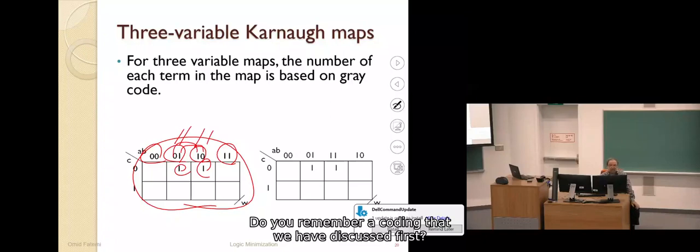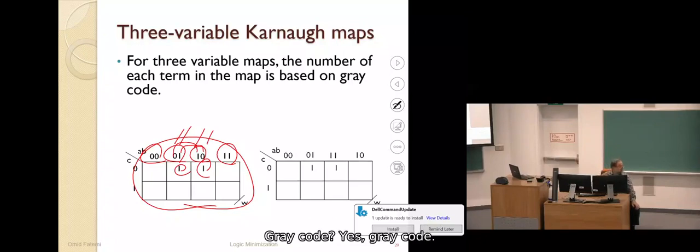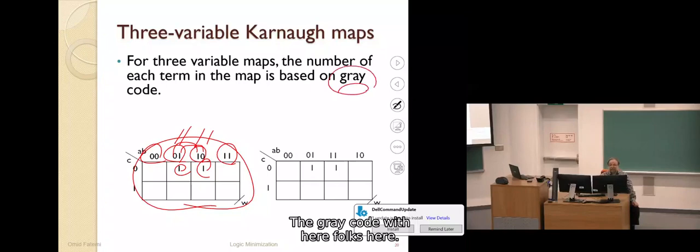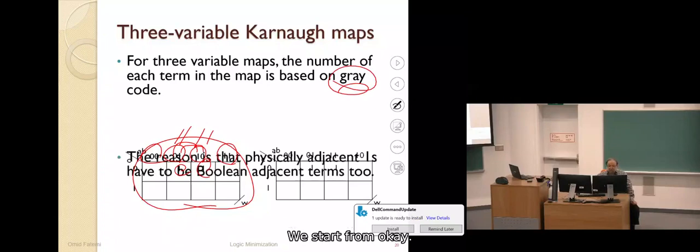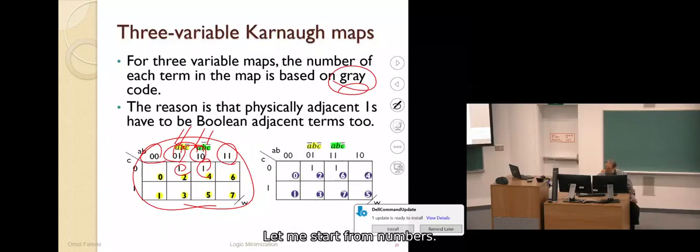Do you remember a coding that we discussed first, where each row has only 1 change? What was that? Gray code, yes. So Gray code works here. We should make our Karnaugh map based on Gray code. And the Gray code, we just use it like that. We start from, okay, let me start from the numbers.